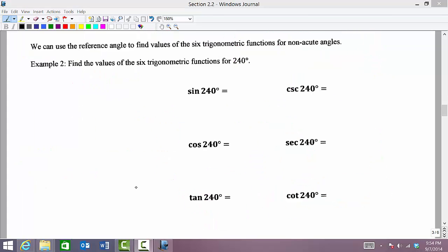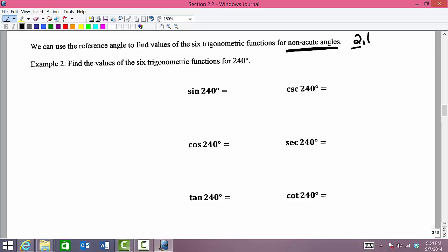Now we can actually talk about how we use reference angles for non-acute angles to find their trig function values. Now remember that in section 2.1 we discussed how to find the trig function values for 30, 45, and 60 degrees. These are our acute angles, and we found those function values using our special triangles.